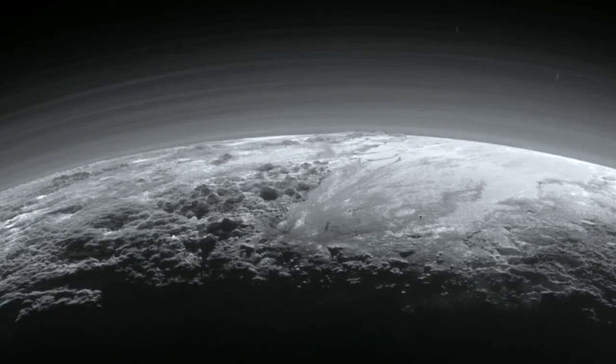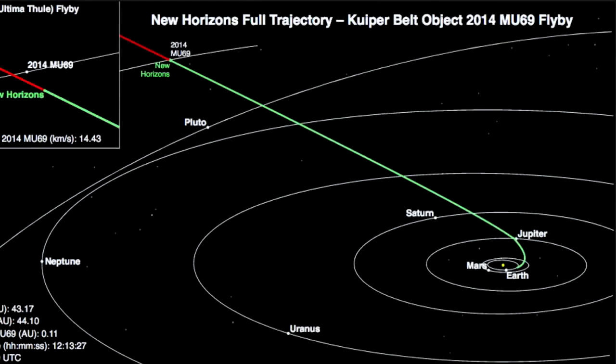Let's say we want to go ahead and take a picture of Pluto. Diagram with title, New Horizons Full Trajectory, Kuiper Belt Object 2014 MU69 Flyby. Concentric ovals mark the orbits of Earth, Mars, Jupiter, Saturn, Uranus, Neptune, and Pluto. A green arc trails from Earth through Jupiter, up and to the left of the screen past Saturn and Pluto.